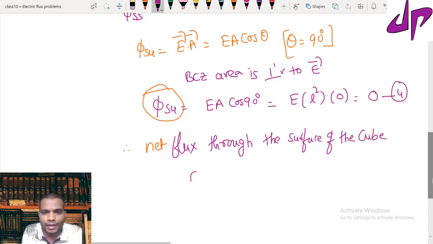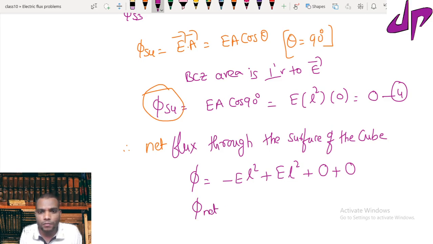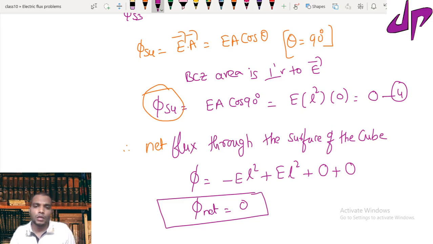I would like to call that phi, equal to the flux through the first surface, minus E L square, plus the flux through the second surface, plus E L square, plus the flux through the third surface, which is 0, and the flux through the fourth surface, which is 0. Therefore, net flux equal to 0. It means the total number of electric field lines coming out through the surface is equal to 0.